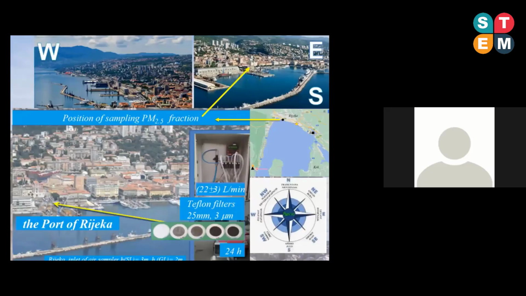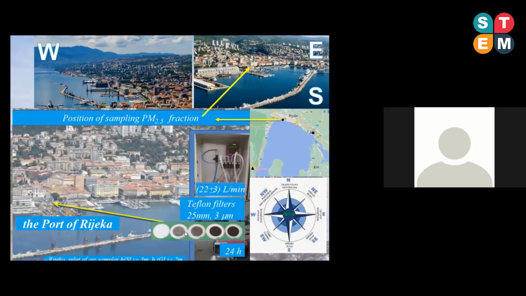The sampling site was located close to the main bus stop and two busy roads with average traffic intensity of 25,000 cars, trucks and buses per day. Our sampler was positioned 3 meters above the sea, 30 meters away from the main road.